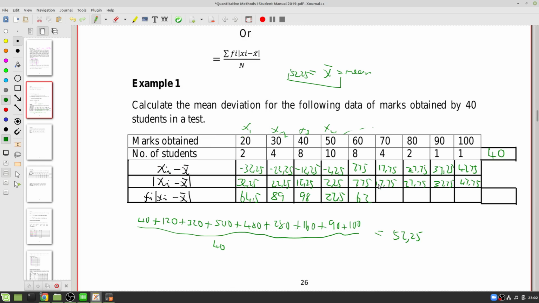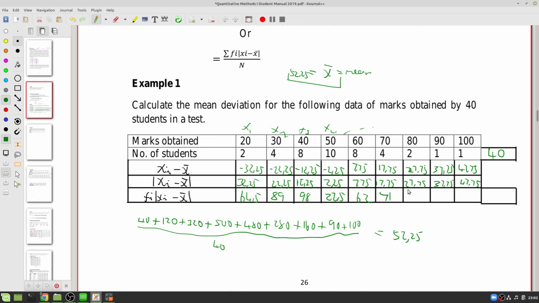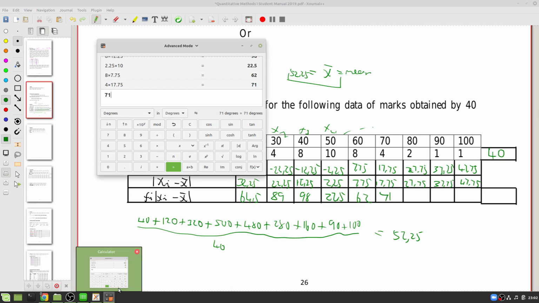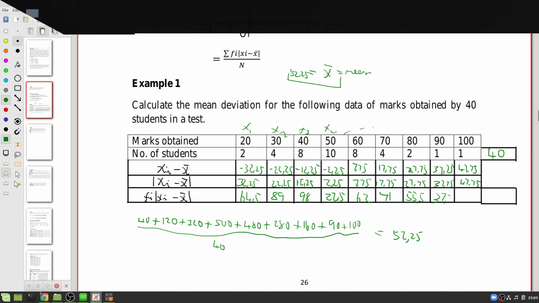And then 4 times 17.75, 71. Then we've got 2 times 27.75, 55.5. And 2 more to go. 1 times 37.75, so that's just 37.75.